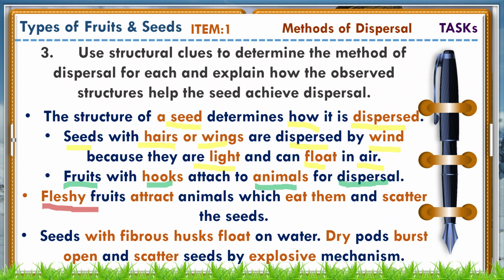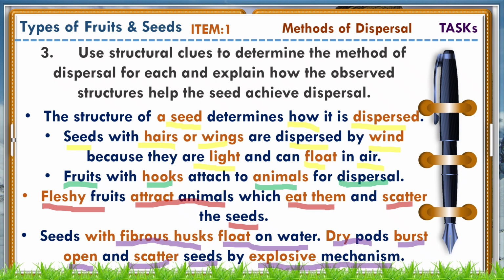And the fresh fruits attract animals which eat them and scatter the seeds. Then the seeds with fibrous husks float on water. The dry pods burst open and scatter seeds by an explosive mechanism.